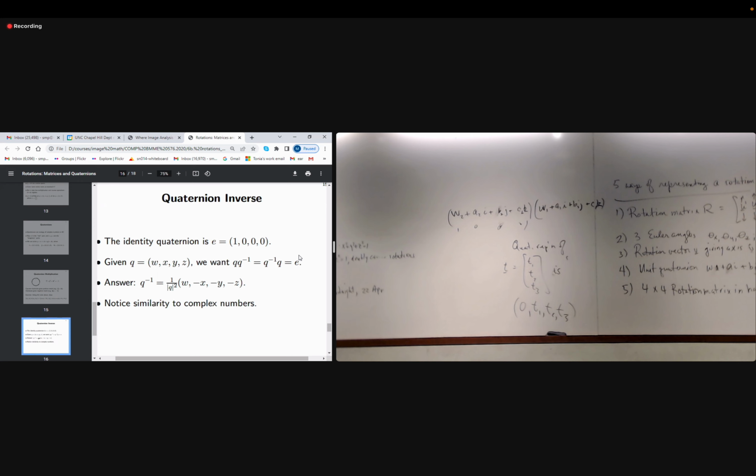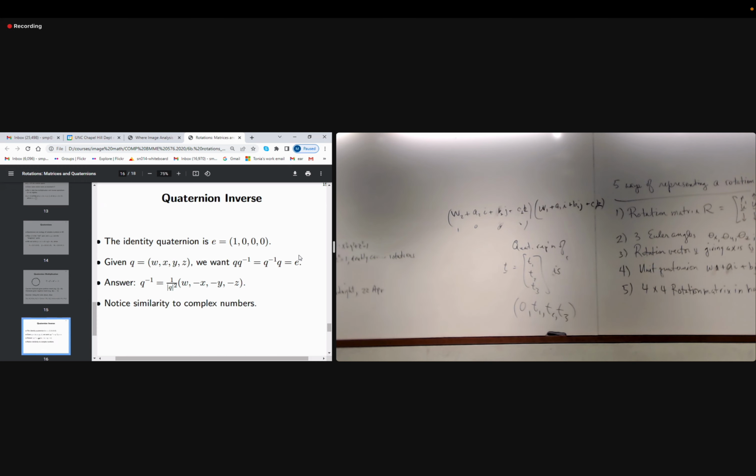Once you have an identity, an inverse is a thing which, when multiplied by the original thing, gives you the identity. When you have a quaternion Q and you multiply by Q inverse, it's supposed to give you the identity. Right? You apply a particular quaternion, you take its inverse.